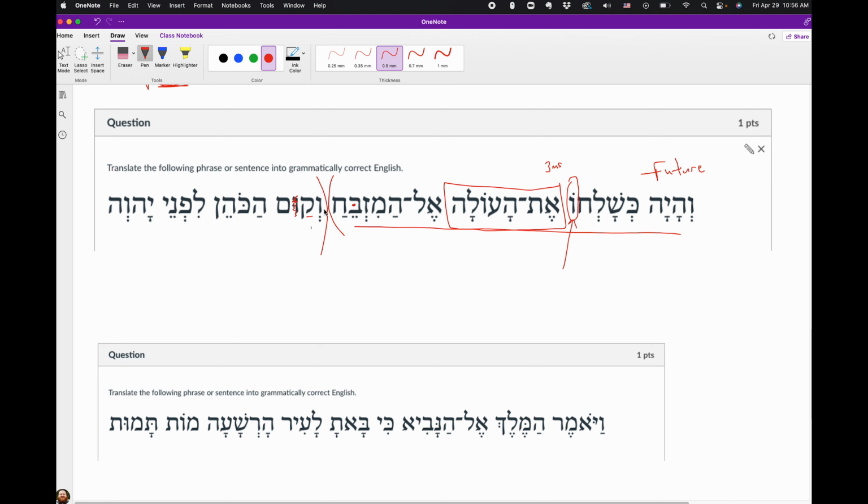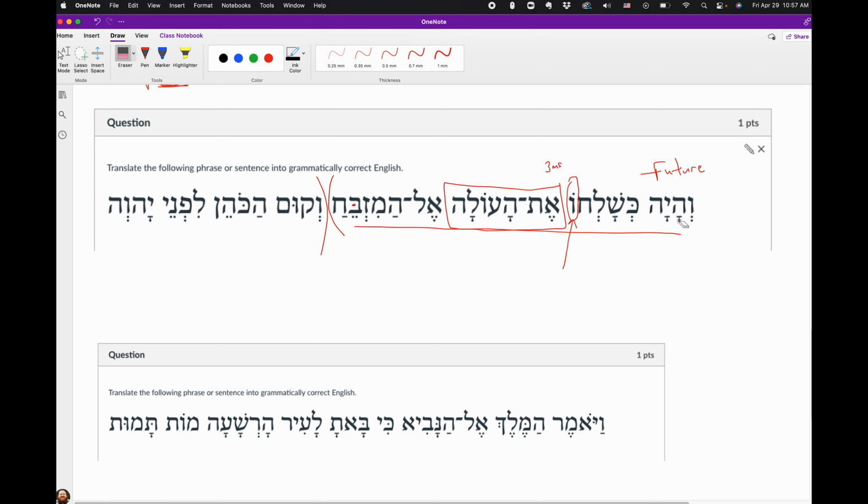If this is a vav conjunction on an infinitive, I just realized that's a possibility, and I basically have just been giving everyone full credit for this because I thought this was a typo. Let me think about this as a vav conjunction on an infinitive. So that would mean that shalach and kum are coordinate, and I think it would have to mean that they have the same subject. But let's just read through it.